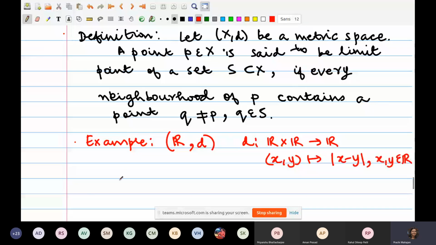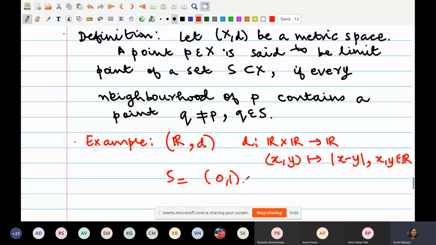And I am going to take S as the interval. Let me take it very concrete, the interval (0, 1). Is everybody with me on this example? I'm going to consider this subset of the real line.